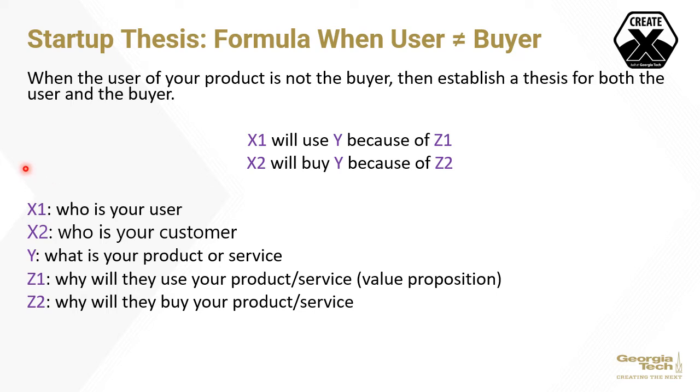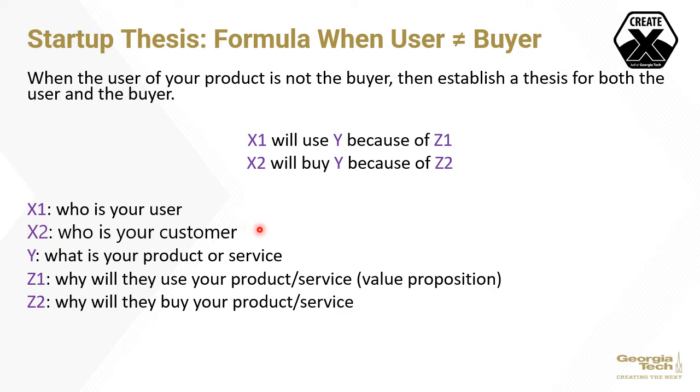Now that last ugly MVP was a little more complicated because the user was not actually the buyer. And in that particular case, you have to come up with a thesis for both the user and the buyer. The user would be like the employees in the company, and the customer, the person who would actually buy the product, would be the company itself, the people that are making decisions on what services or products to buy for the company.